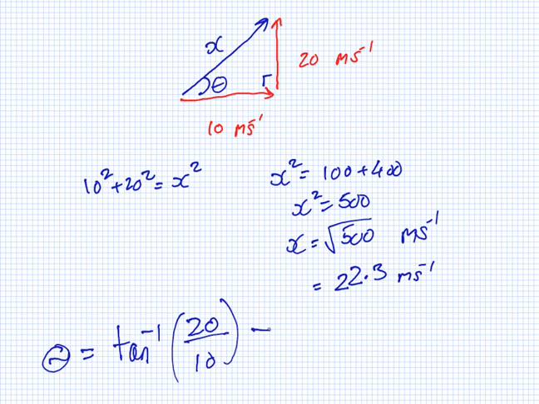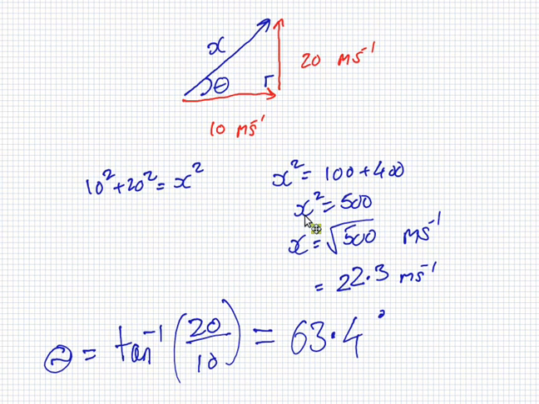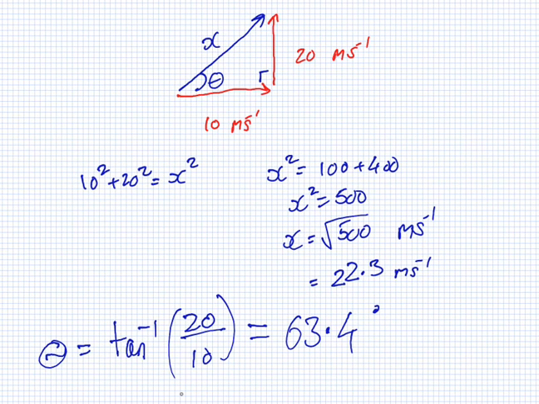So what's this, please? 63.4 degrees. So that's the answer. The answer is 22 meters per second, and this is east 63.4 north. Okay, so write this one down, please.